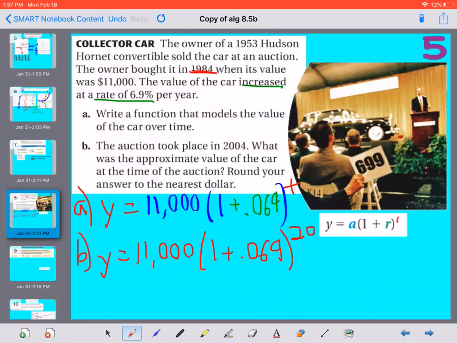So this car, over 20 years, grew. It started at $11,000. Now it's $41,778 by rounding it to the nearest dollar. So this car over time gained value, and now it's worth $41,778.